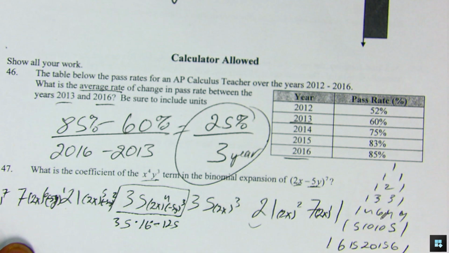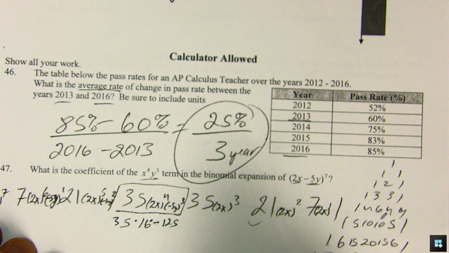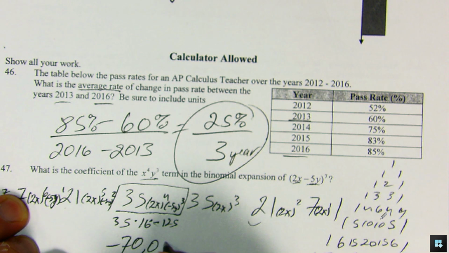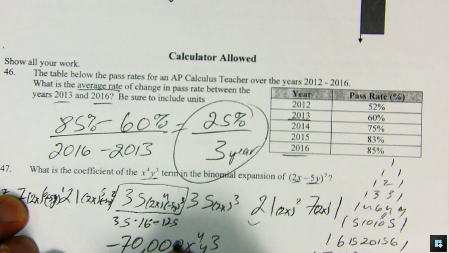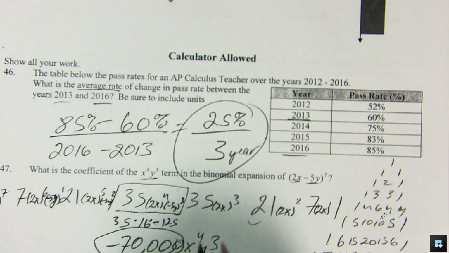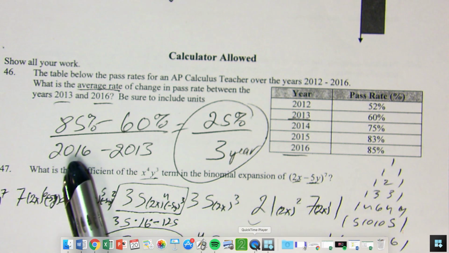So I take my calculator. I take 35 times 16 times negative 125. Negative 70,000 x to the 4th, y to the 3rd. There it is. And we're done. Okay, I'll do the other ones later.